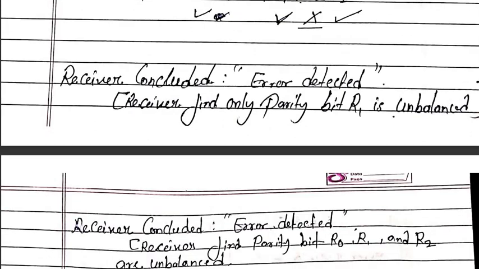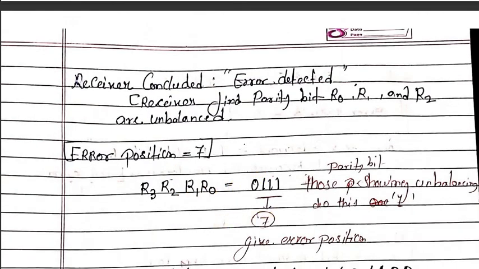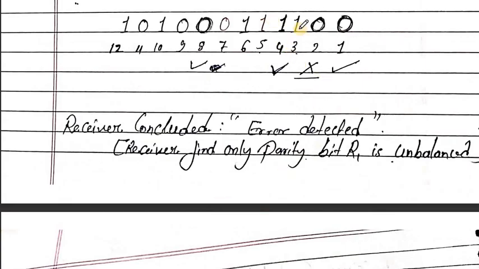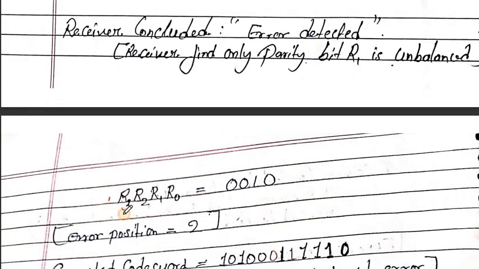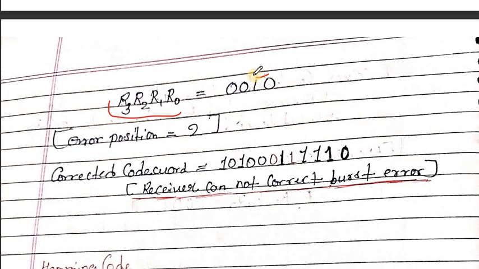After that, the receiver will make a string of the unbalanced parity bits and get the position of the corrupted bit. The position is 2.